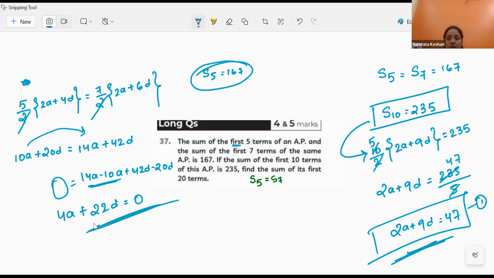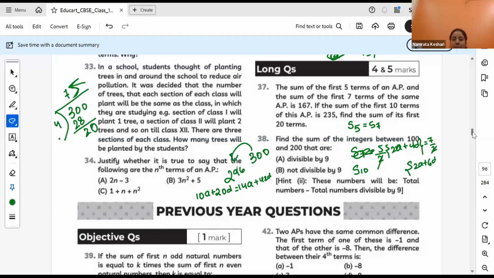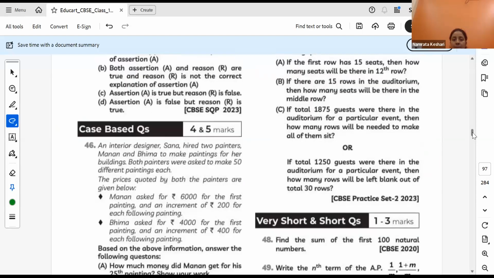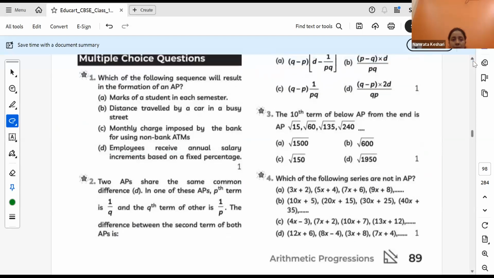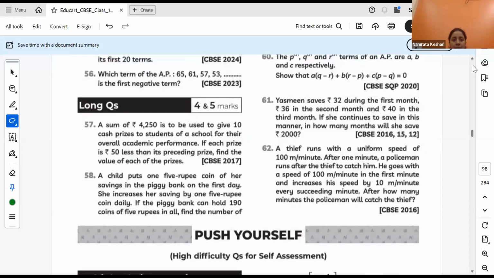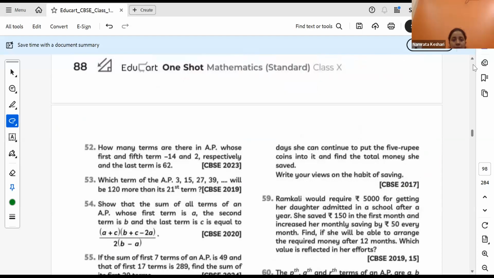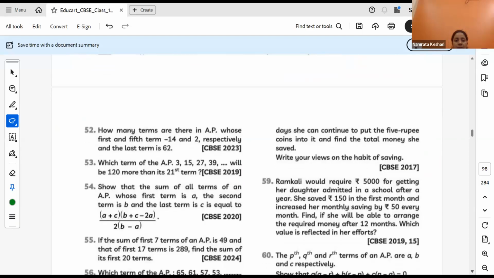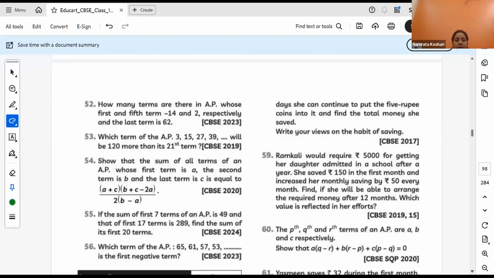This is an easier one. Okay, let's do the next one. Question number 54.